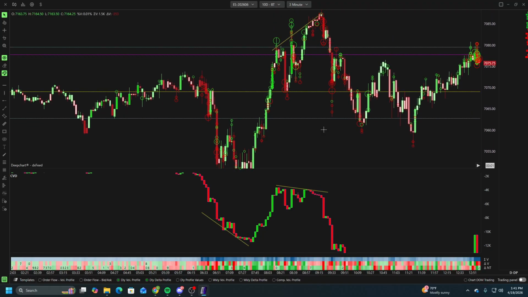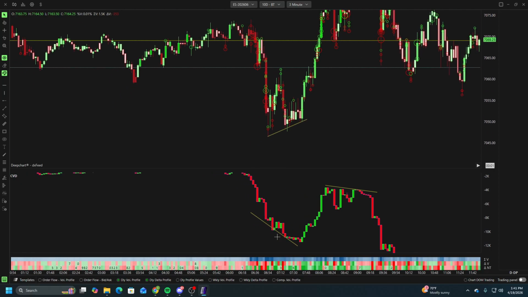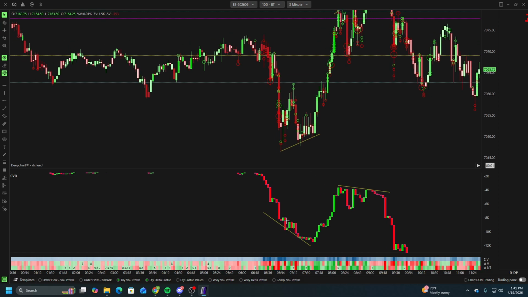So these are different ways that you can use CVD as a confluence to your trades. Okay? When you're seeing this, this should never be a priority to your system of how you trade. However you're trading, this needs to be a confluence. It's not just, I see lower lows on the CVD, okay, I'm taking it long and I'm stopped out.